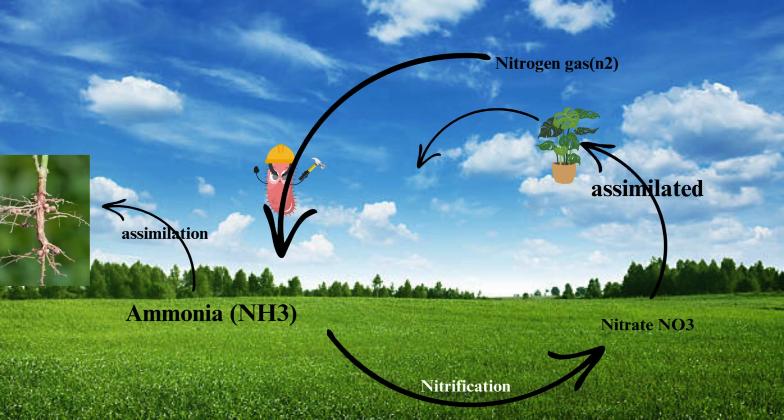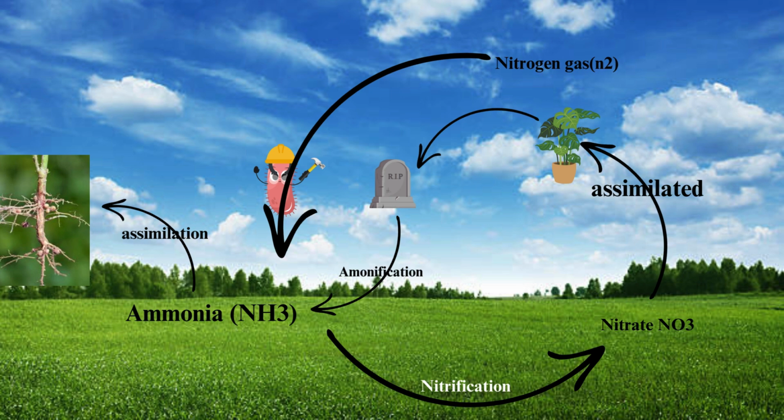Eventually, all things die and decompose. This returns nitrogen back to the soil as ammonia in a process called ammonification. This ammonia can now be used again by plants or converted to nitrates by nitrification, and so nitrogen gets cycled around and around over and over again. Cycle.